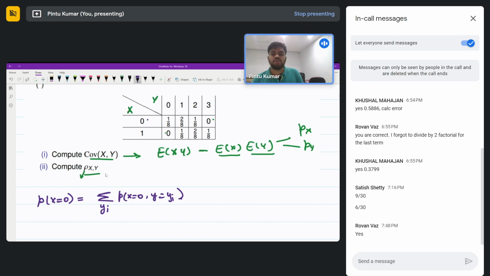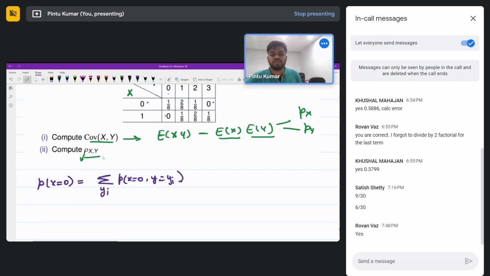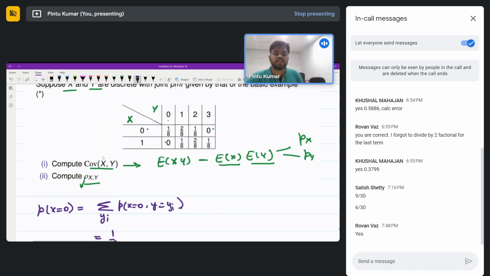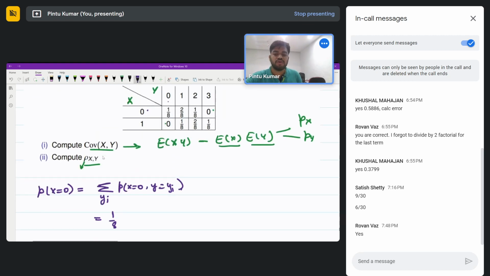So this will have 4 terms: 1 by 8 when x is 0 and y is 0, plus when x is 0 and y is 1, 2 by 8, plus 1 by 8, plus 0. This is 4 by 8, or half. In the table you can see this is the sum of this row, and this one would also be half.